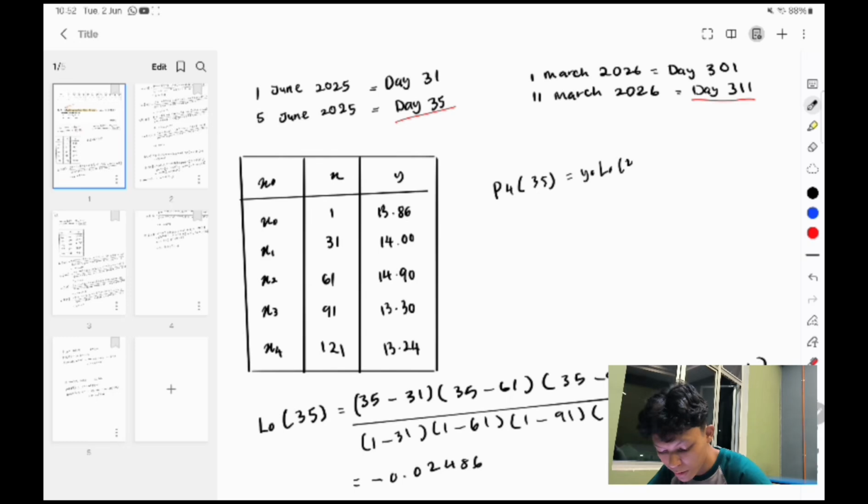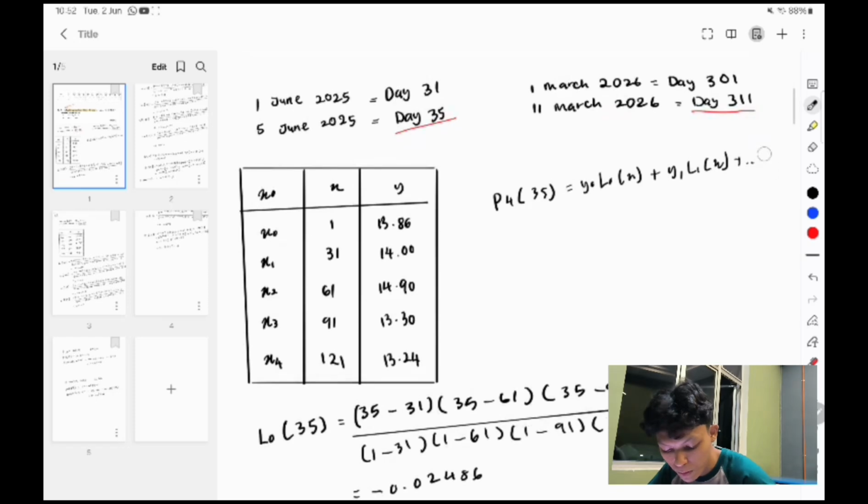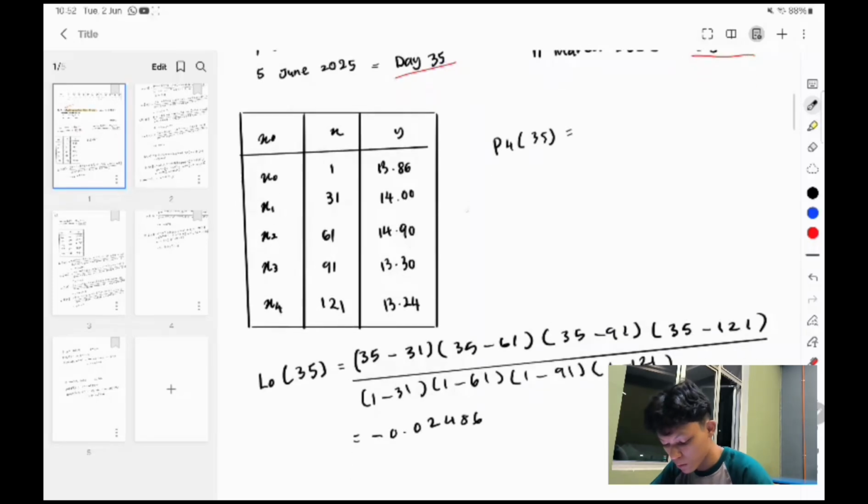y0 L0(x) plus y1 L1(x), and so on until y4 L4(x). Okay, first we need to find L0 until L4.